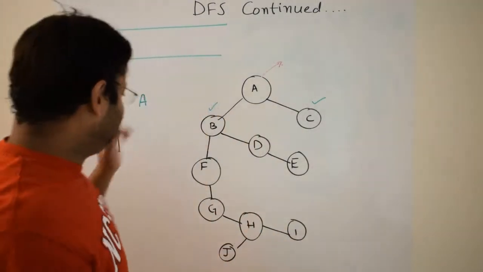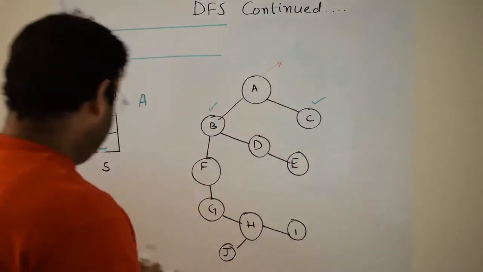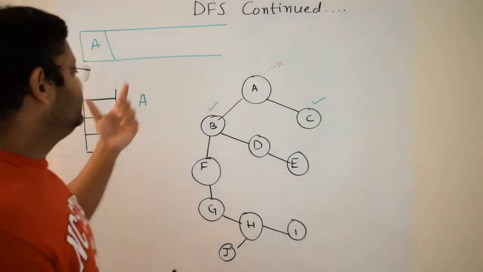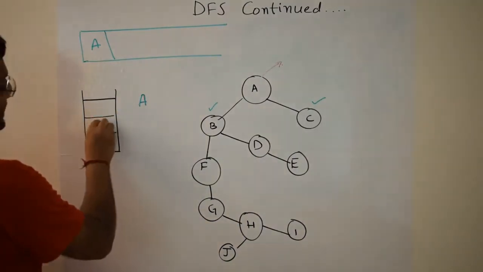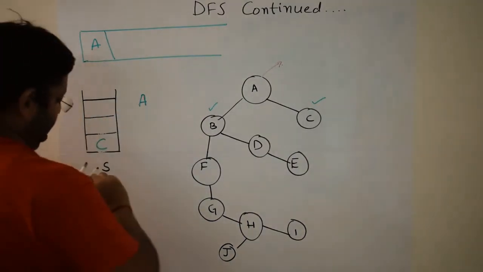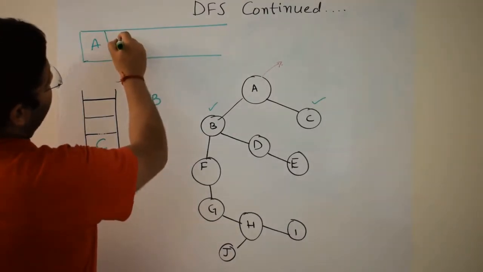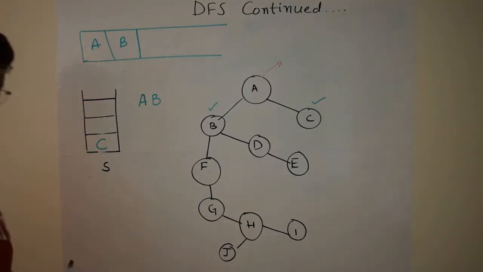Now these same steps will be repeated again and again. How? Now in this case, we need to pop out something from the stack. Which node will be popped out? Definitely B, as per the property of stack. So now B is popped out and B is now referred to as a node which has been visited.